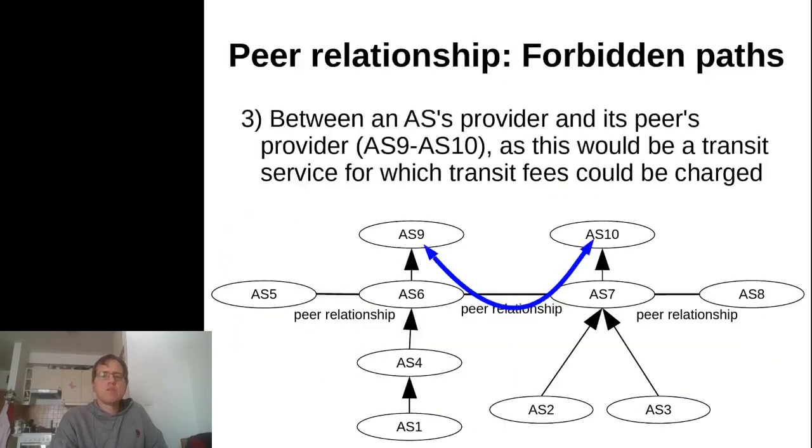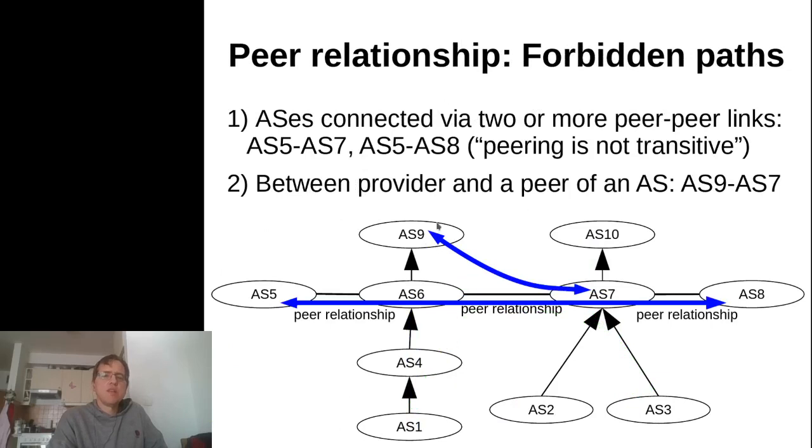If we just go back to the definition, then this is exactly these types of subpath, which we marked by a red arrow, when we described the types of feasible and forbidden paths that we may get on a peer relationship. And the reason why this is actually a forbidden path is that AS6 is not interested in forwarding traffic between one of its providers and one of its peers, because it would be charged a transit fee by AS9 for these paths.